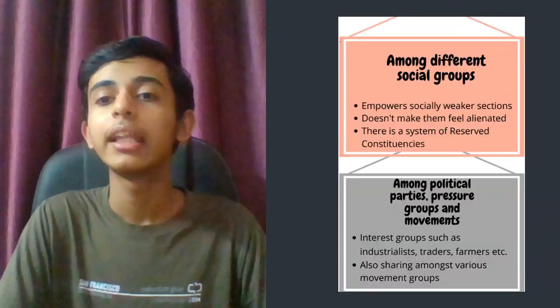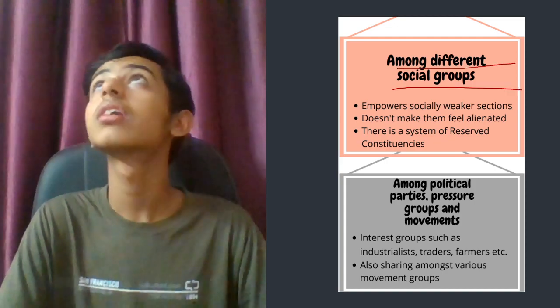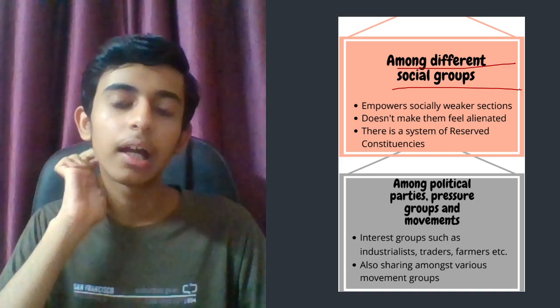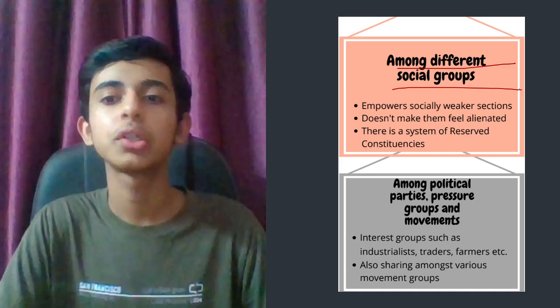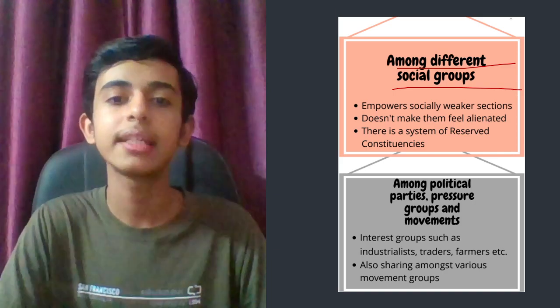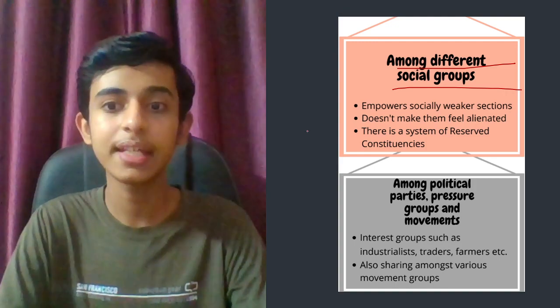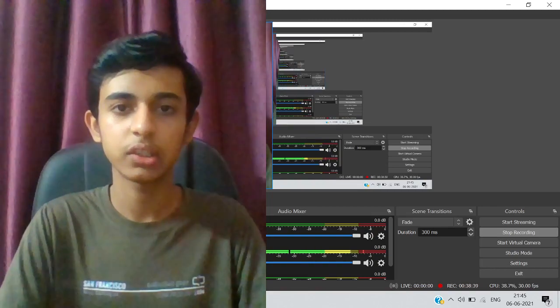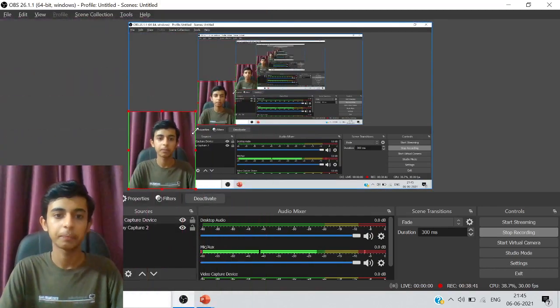Now, amongst different social groups, how is power shared among different social groups? By giving them different opportunities and by a process which is known as, what is it? I don't have space to write, so I will just change my orientation.